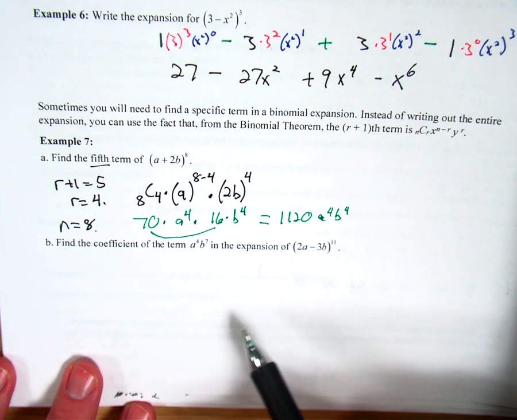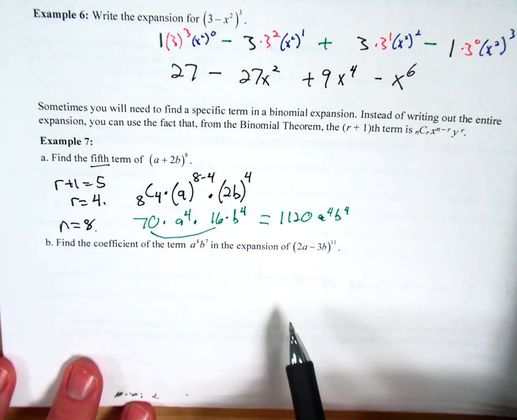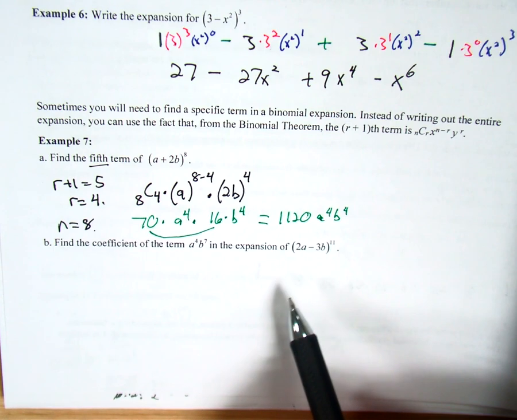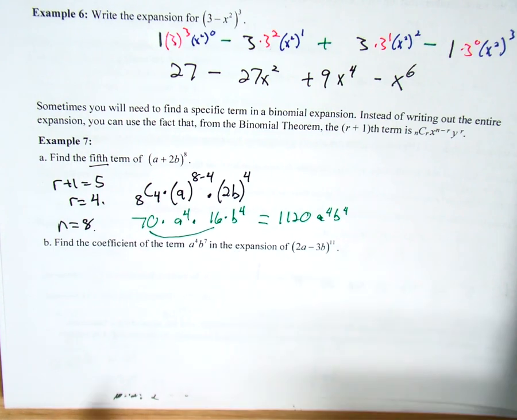Alright, so go ahead and let's have a little challenge here for yourself. And go ahead and push pause and do your best here with this one. Alright, so let's talk about it.